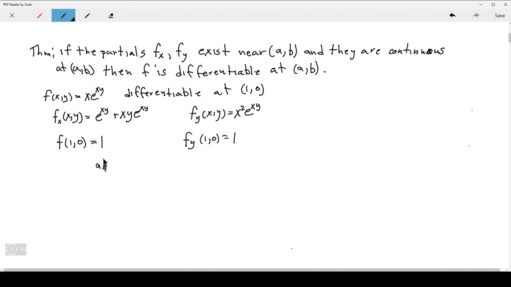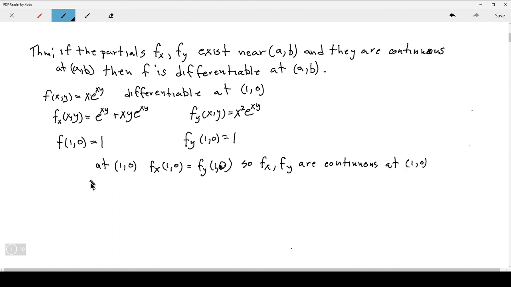All right, so at 1, 0, fx is equal to fy. So that means they're continuous. So fx and fy are continuous at 1, 0.